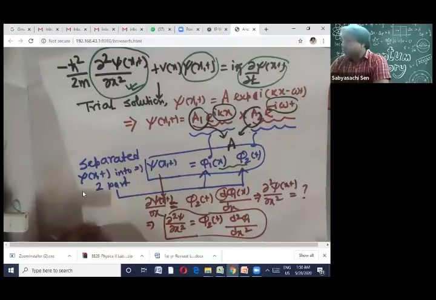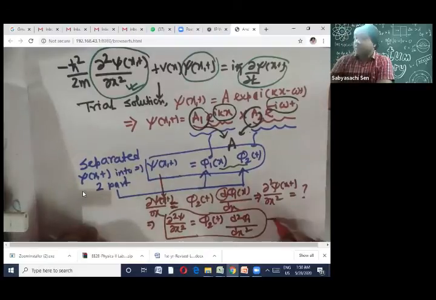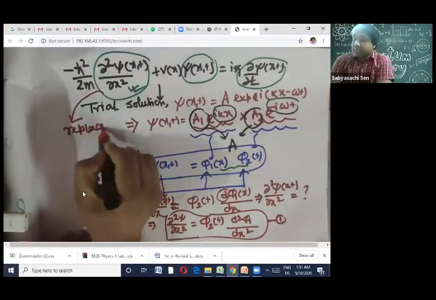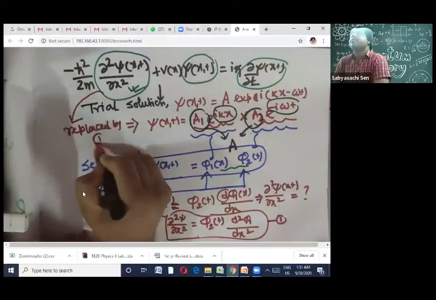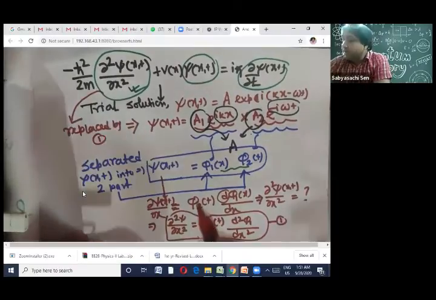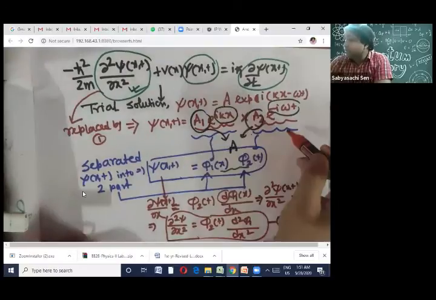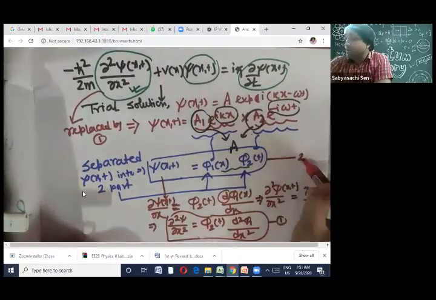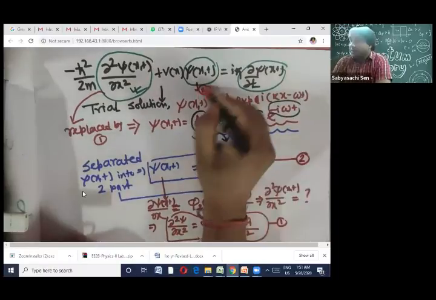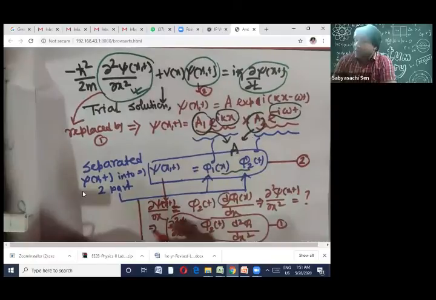So I have got it. Suppose this is equation 1. This quantity would be replaced by equation 1. My next job is to replace the psi. You can replace the psi with the help of this equation, which you may call equation 2. Your next job is to replace del psi del t.